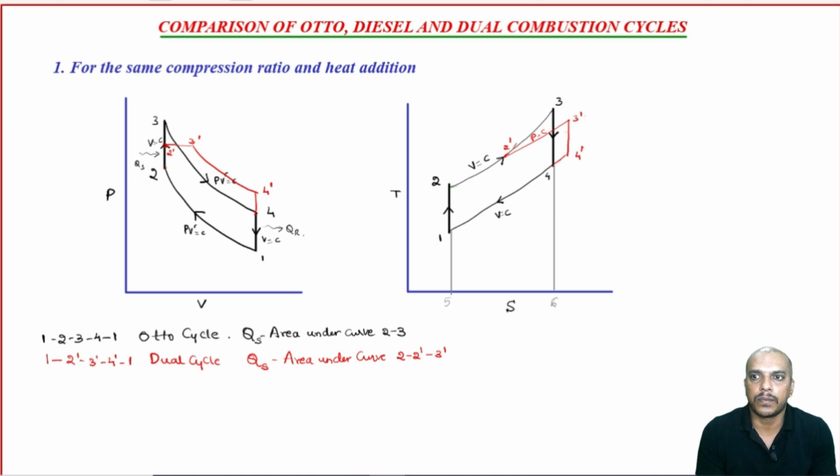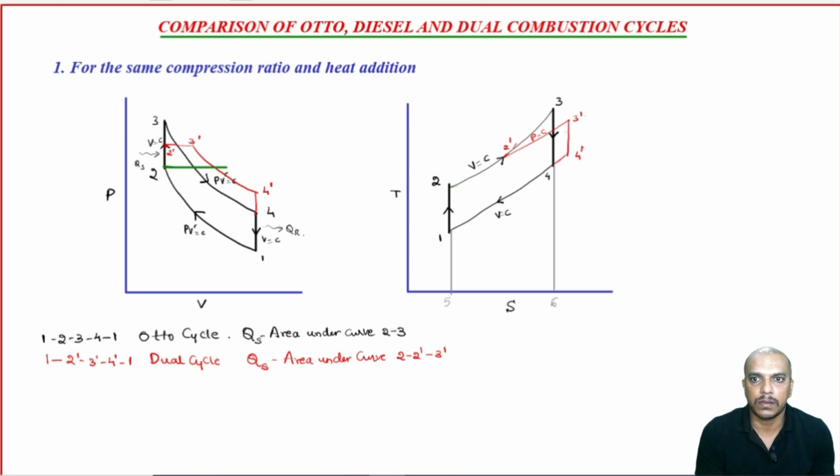Now, let us go for the diesel cycle. What is a diesel cycle? In the diesel cycle, 1 to 2 is the same, that is the same compression ratio, and then heat addition happens at a constant pressure. Now, for a constant pressure cycle, we must start from here and we will have a constant pressure process here.